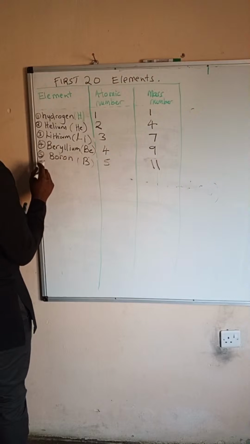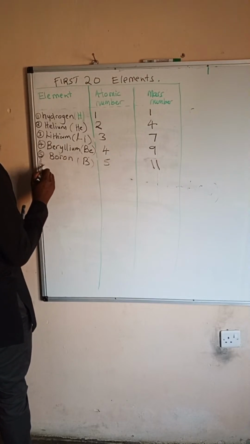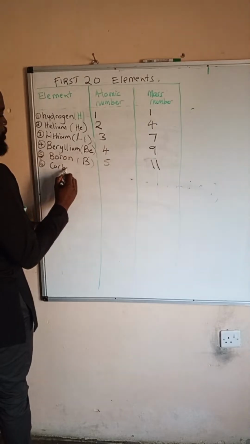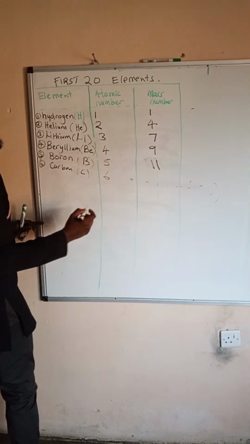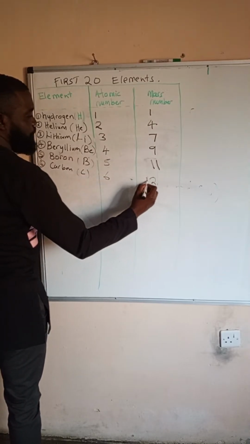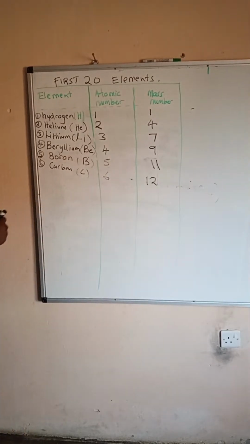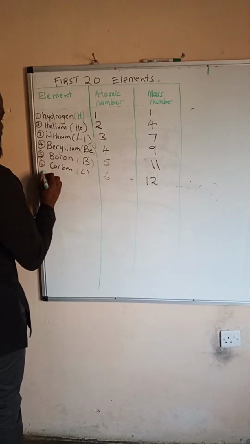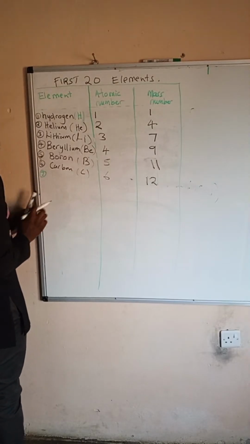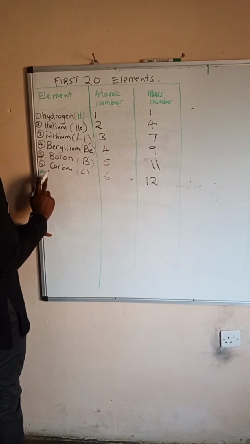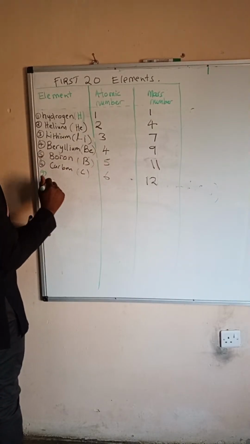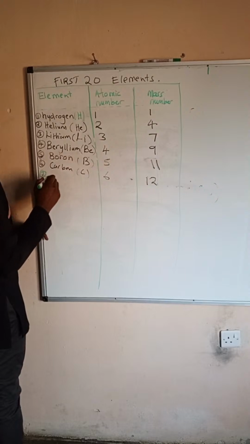And then we have what is called carbon, 6. Carbon, it is 6. C. Carbon 6, mass number 12. Number 7, after carbon, is nitrogen.